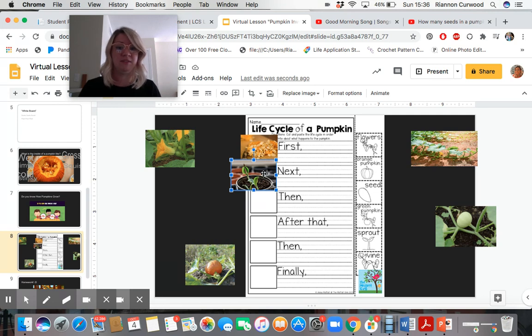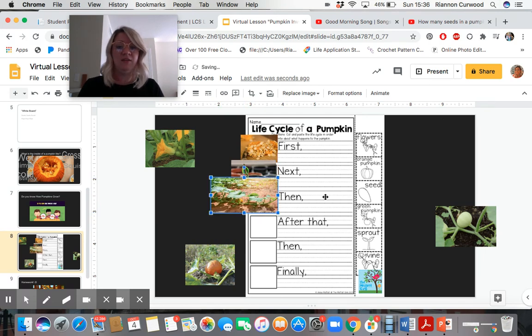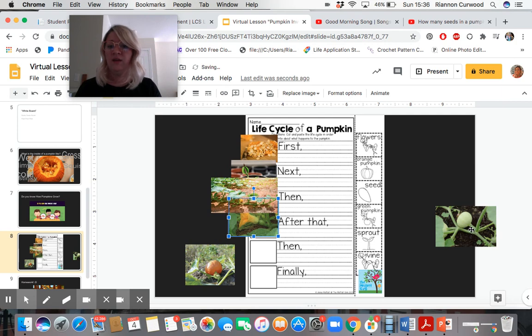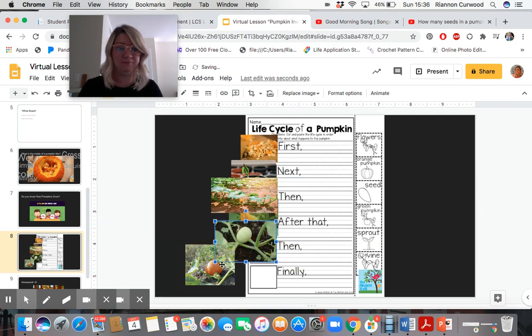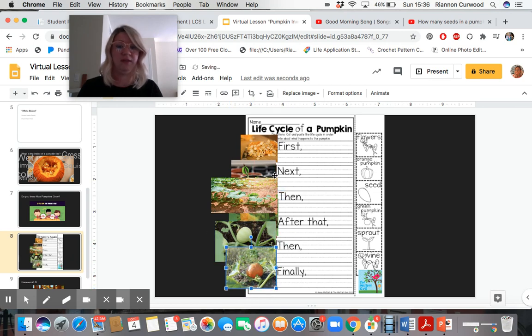It goes from this small little sprout into this longer vine. We would say, then the sprout becomes a vine. After that, the vine grows a flower. Then the flower turns into the green pumpkin. And finally, it grows into the orange pumpkin. And I would have them help me with that.